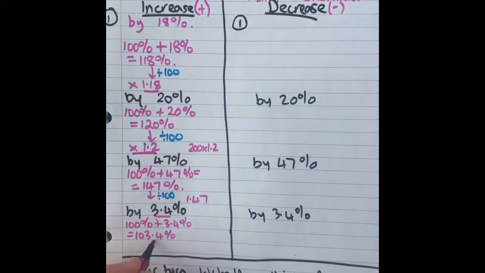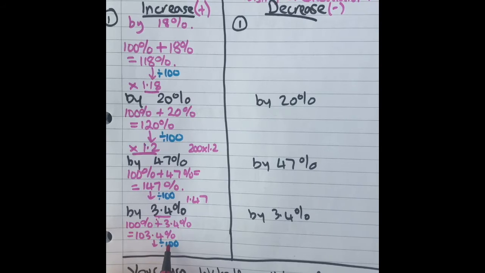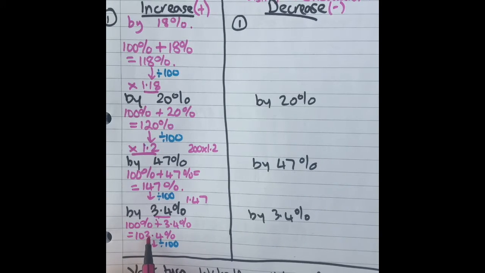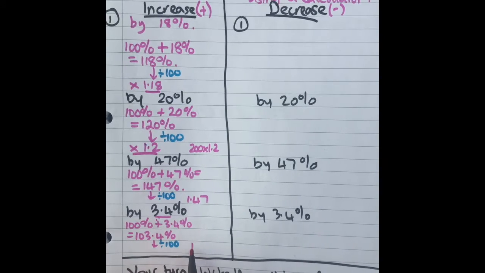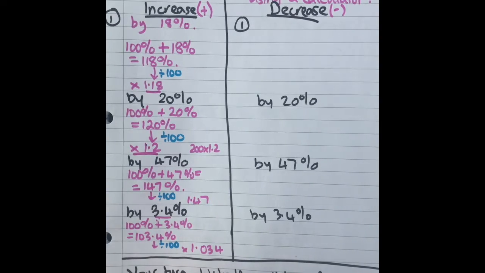How do you change that into a decimal? Same process, divide by 100. Be careful. Divide by 100 means you're going to move the digits 2 places. So the 3 and the 0 are going to move, and that makes 1.034. Be really careful with that. So that's the multiplier for a 3.4% increase.